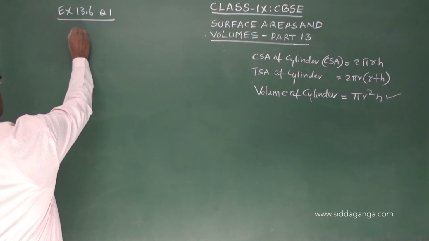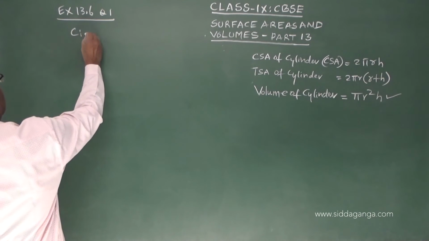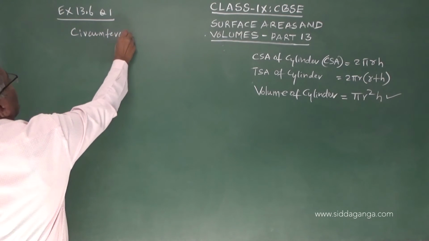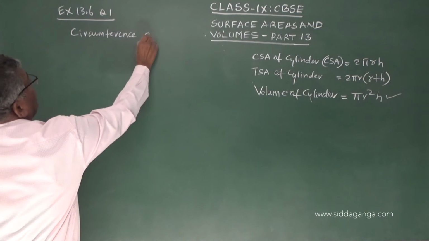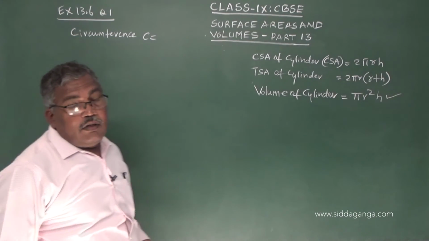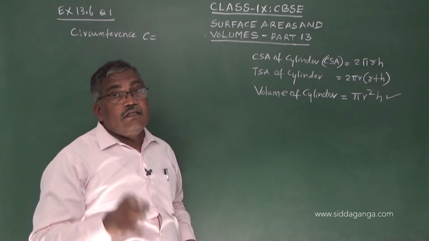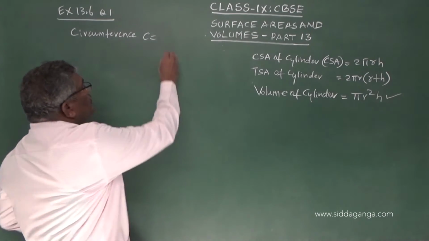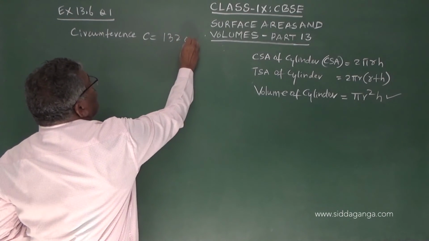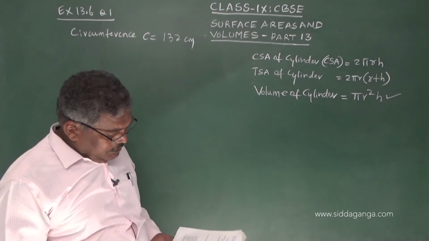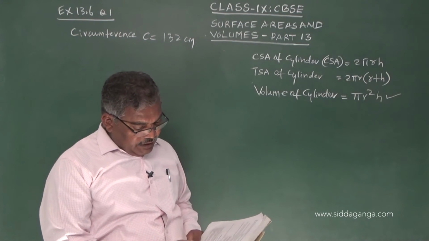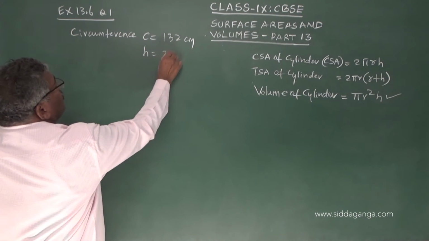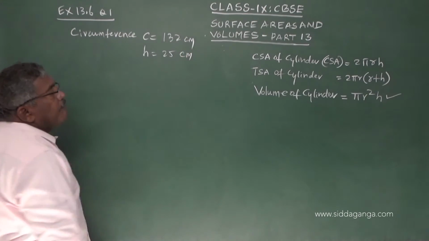The circumference of the base of a cylindrical vessel is 132 centimeter. So here it is given circumference. You have to be careful whether radius is given, diameter is given, or circumference is given. It is 132 centimeters, and its height is 25 centimeter.